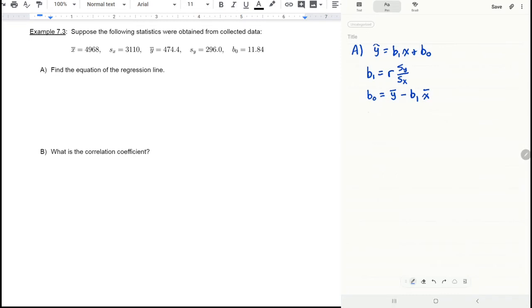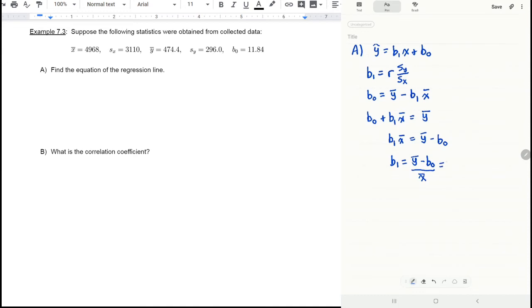If we add b1 x bar to both sides, we get b naught plus b1 x bar is equal to y bar. And then we subtract b naught on both sides, which gives us b1 x bar is equal to y bar minus b naught. And so b1 is y bar minus b naught over x bar.